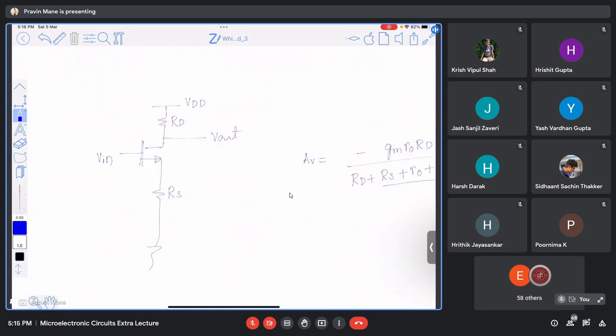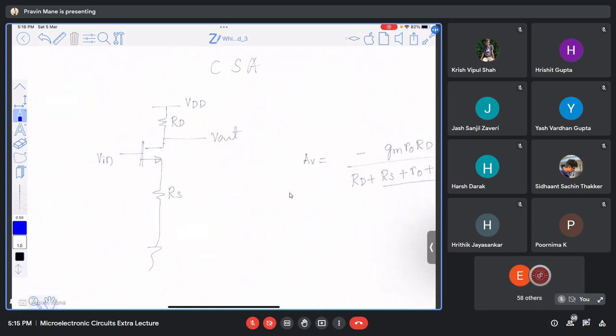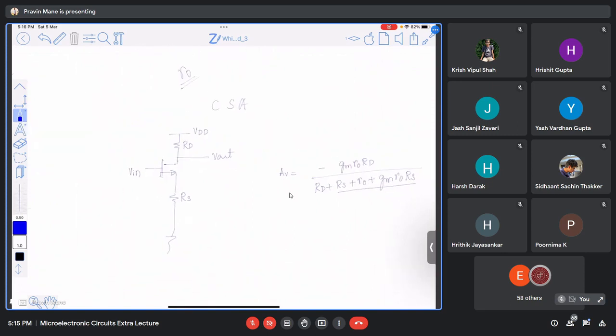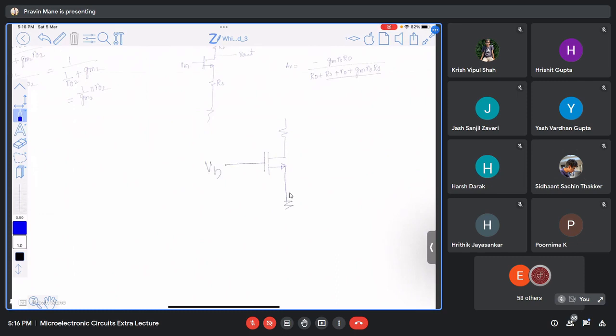The second configuration, this is the common source amplifier, CSA. Which is the other configuration? Common gate. So the common gate configuration is something like this. This is V_B and you apply V_in here.